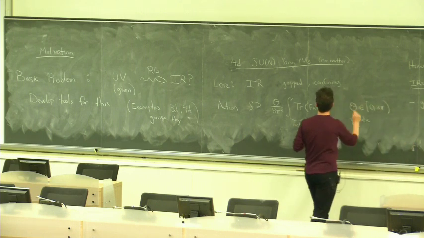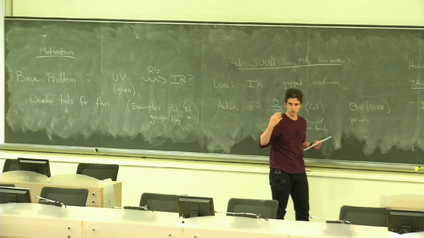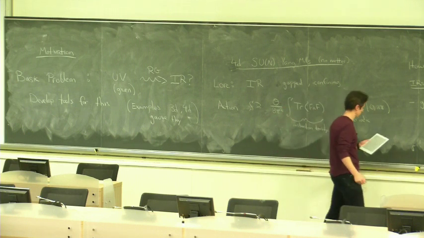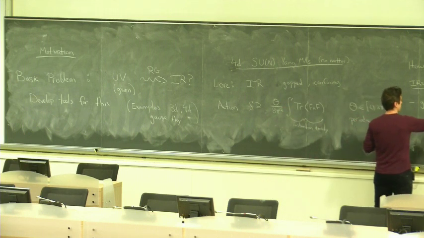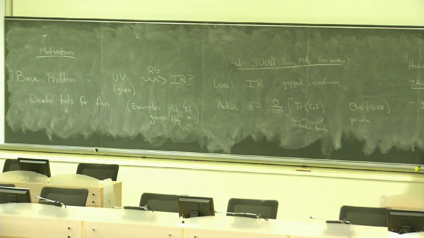Here I'm motivating everything with a discussion of SU(N) Yang-Mills, but this list of possible IRs really is a sort of general picture of all possible IRs of QFTs that we might want to study. Gapless means that at long distances it's described by a CFT. This could be a free CFT, or maybe more exotically interacting.